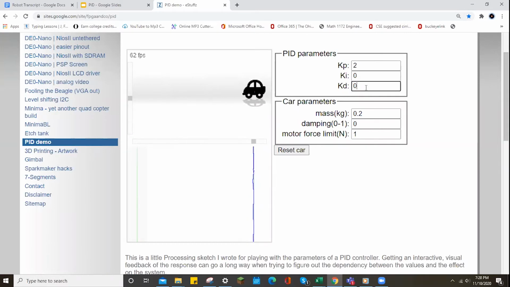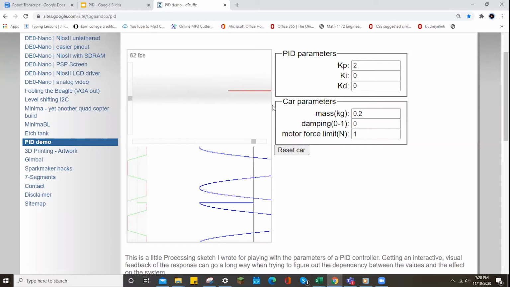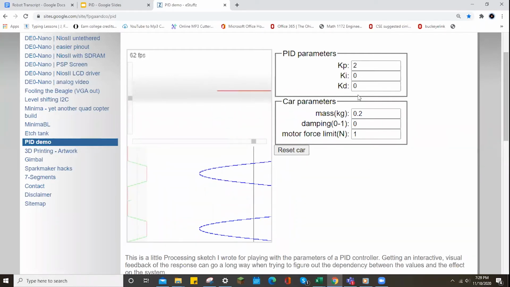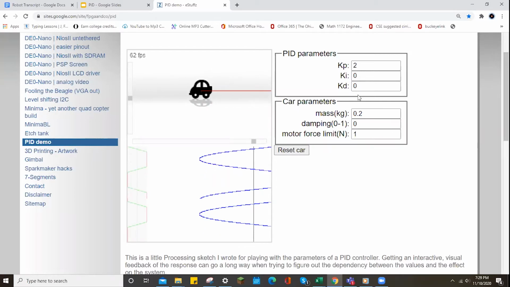If we were to take the D controller off, the P controller would never stop, because there is no dampening force to tell it that we are reaching the error, that the error is getting smaller and smaller. The rate of output should also be smaller and smaller.